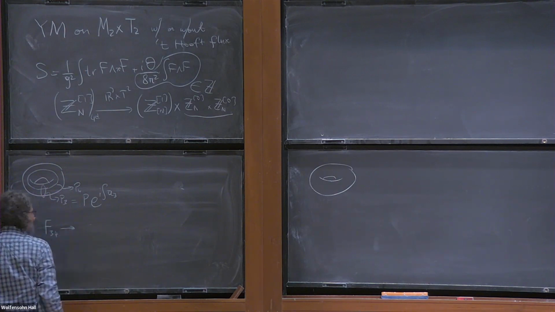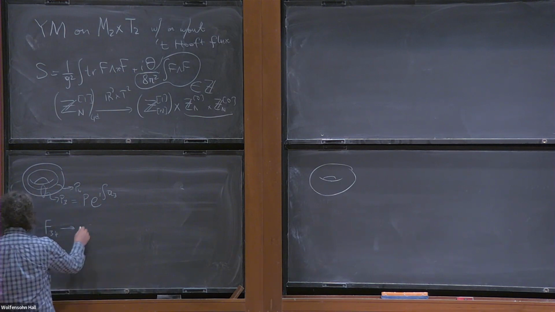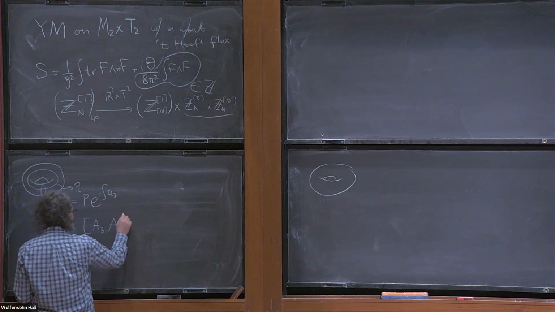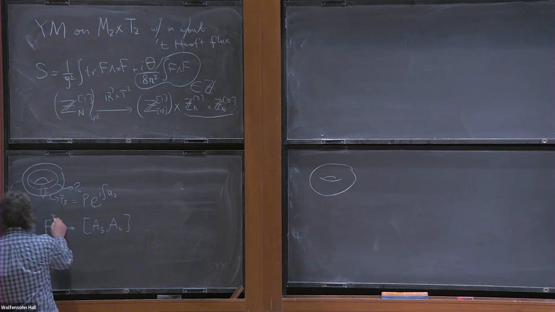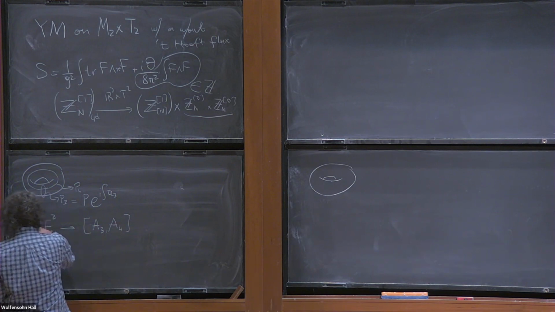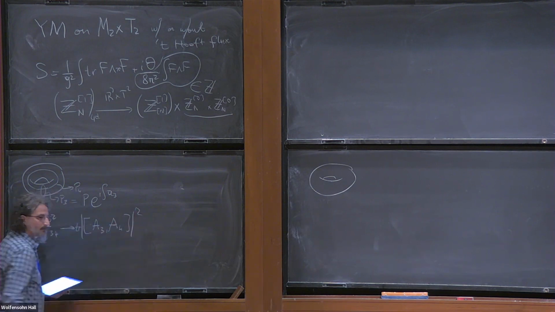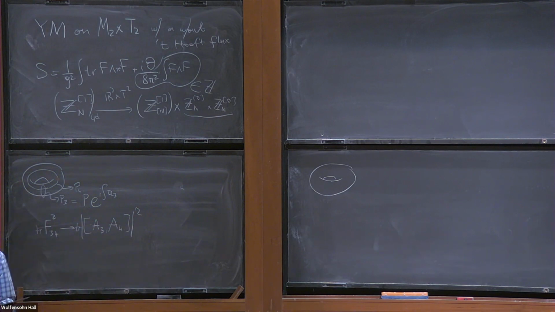For the lowest mode, the zero mode, F34 becomes something like the commutator of A3 and A4. And trace F34 squared becomes trace of the commutator squared. This is just a regular potential. You can view A3 and A4 as adjoint scalar fields, the algebra-valued scalar fields.